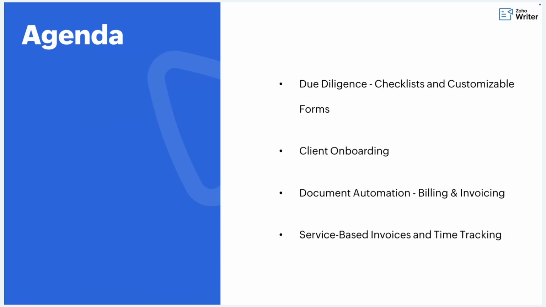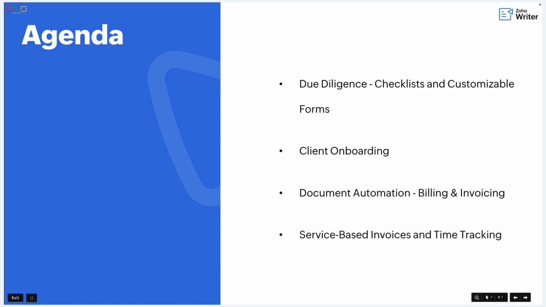We'll also explore service-based invoices and time tracking, ensuring accurate billing based on services rendered. Finally, we'll finish with a demo session showcasing how all these features work in practice. I'll also be showcasing the features we discuss live then and there, so you get a better understanding of how to use them. So without further ado, let's start discussing these features.